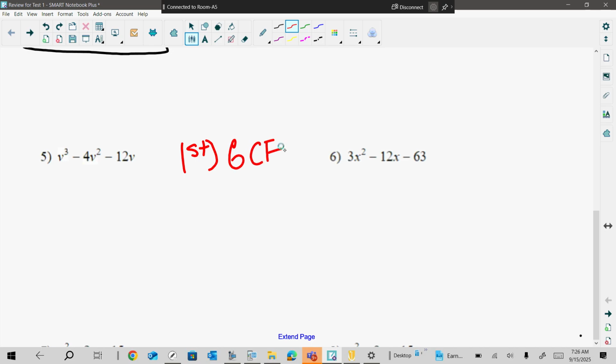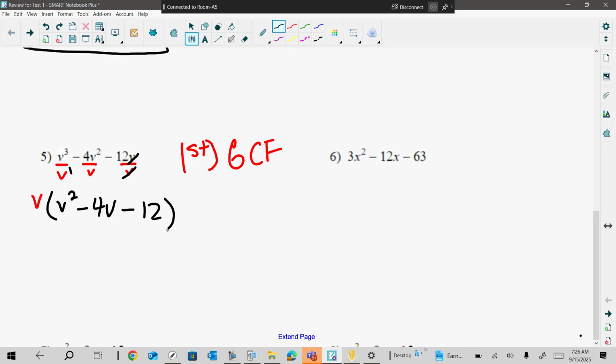That's always first. If I look on number 5 here, the GCF between the 3 terms is the v. The v is going to be on the outside of the parentheses, and then we're just subtracting. Because this is like an exponent of 1, v squared minus 4v minus 12, because here the v's will cancel.